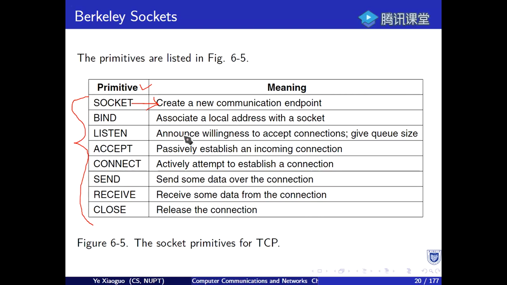But for experiment 4, the last experiment, we should use these primitives, these functions, to design a networking application to make 2 machines communicate with each other.